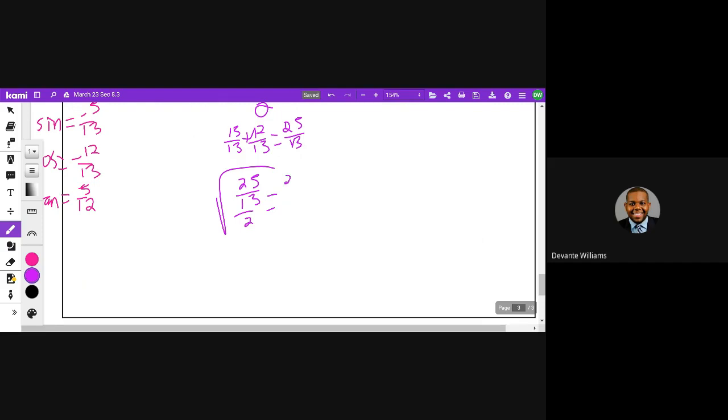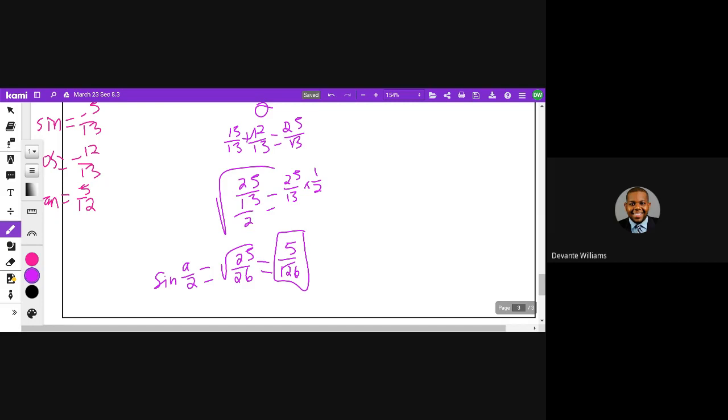It'll be 25 over 13 times 1 over 2, and that equals the square root of 25 over 26. The square root of 25 is 5, so we get 5 over the square root of 26. That's our answer. So we know that the sine of the half angle is equal to 5 over the square root of 26.